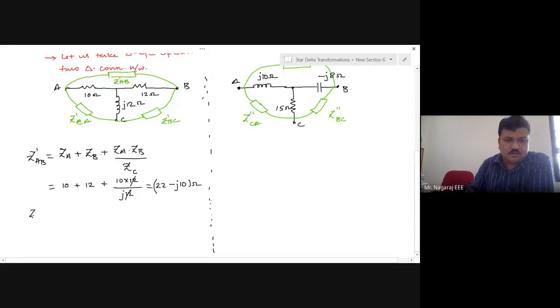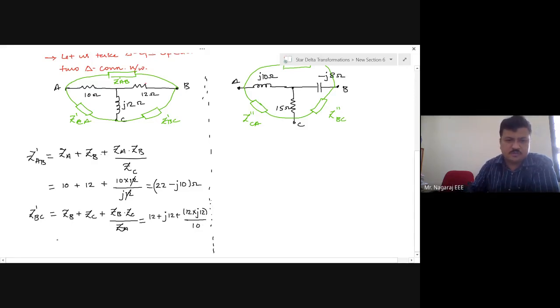And then ZBC dash is equals to, sorry, we'll write the formula first. ZB plus ZC plus ZB into ZC divided by ZA. So this will be equals to ZB is 12 plus ZC is J12 plus 12 into J12 divided by 10.